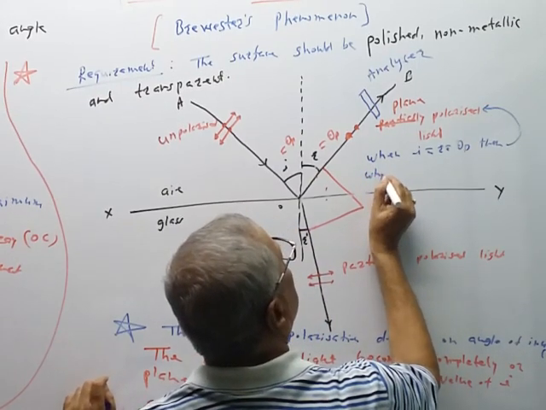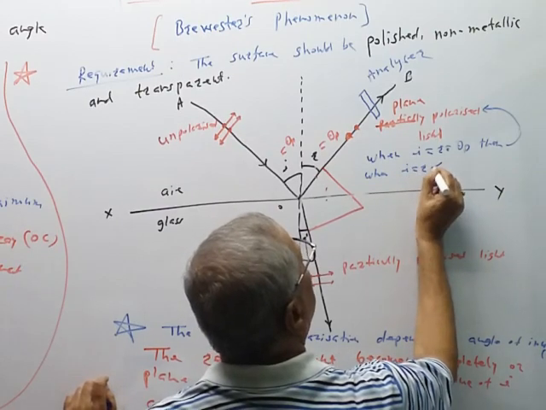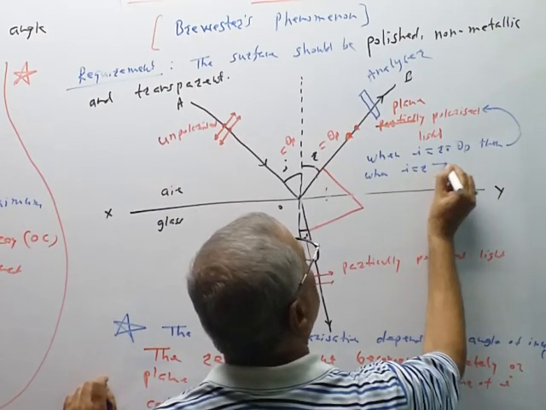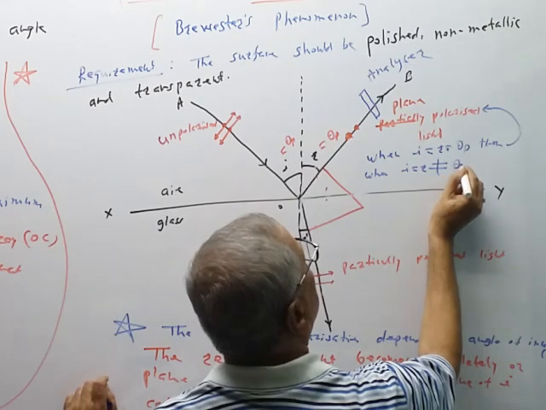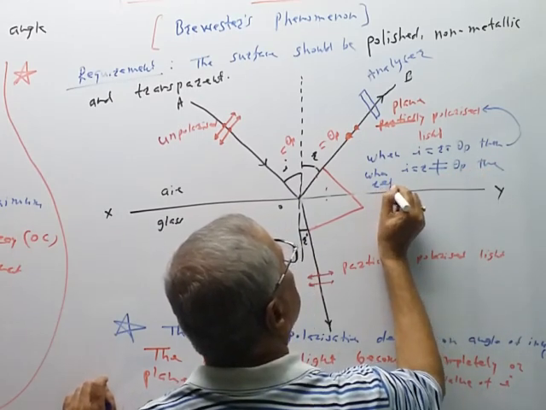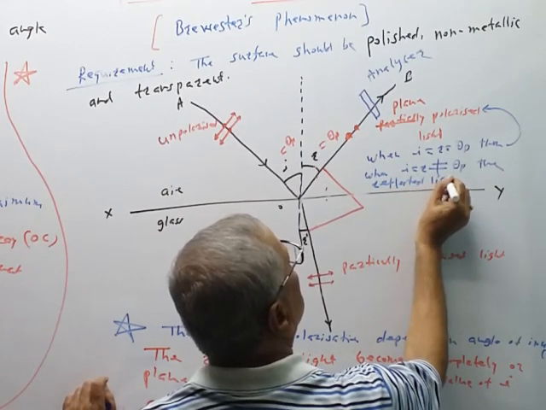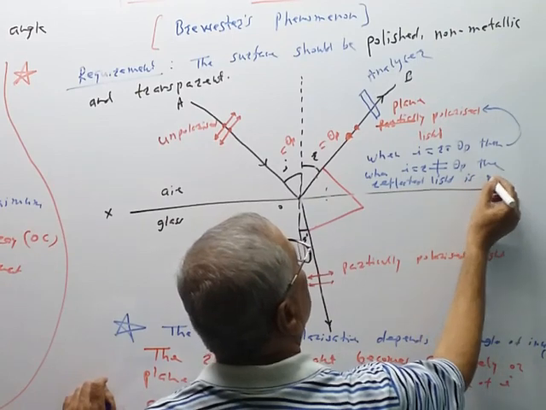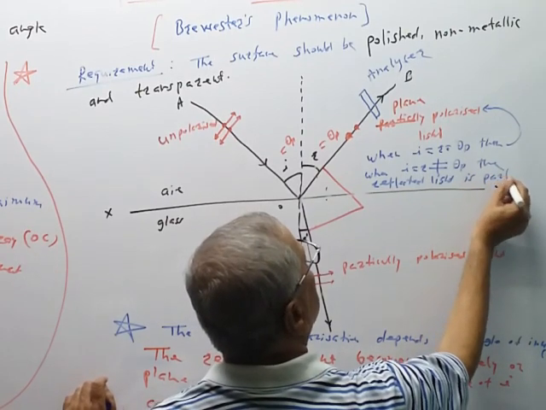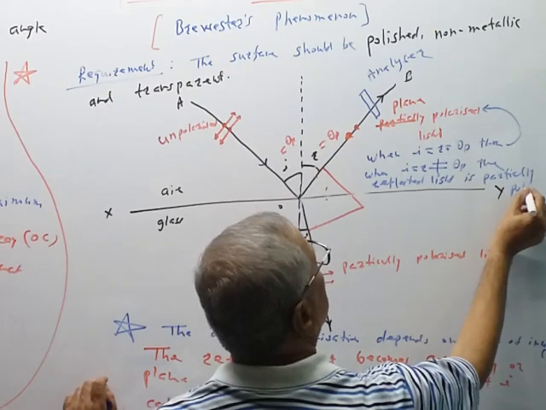When I equal to R is not equal to theta p, then the reflected light is partially polarized.